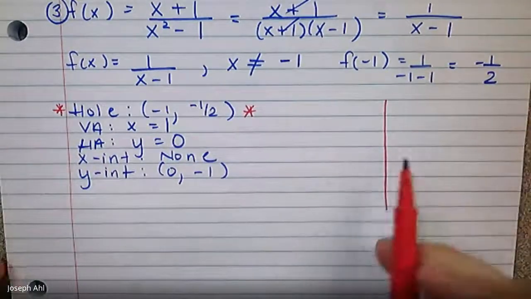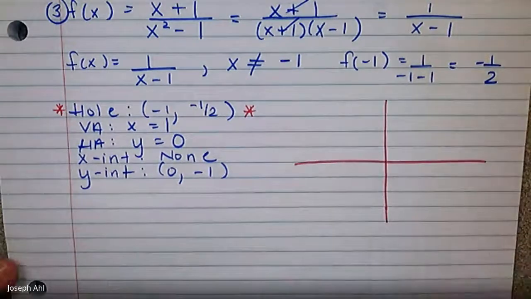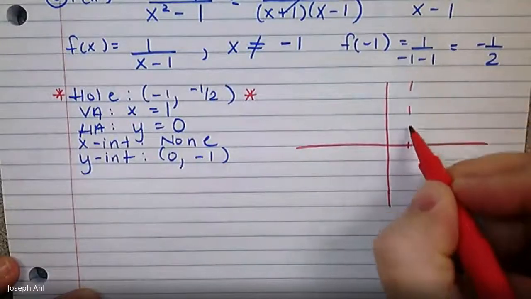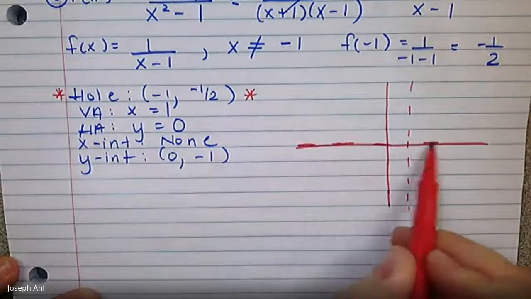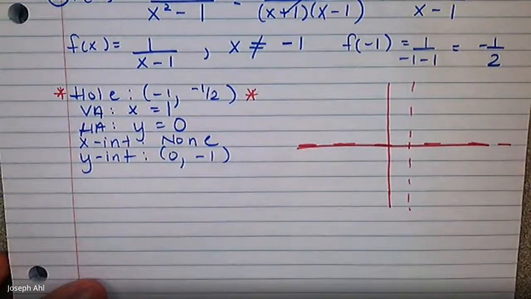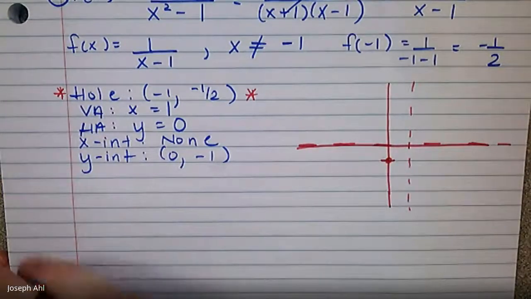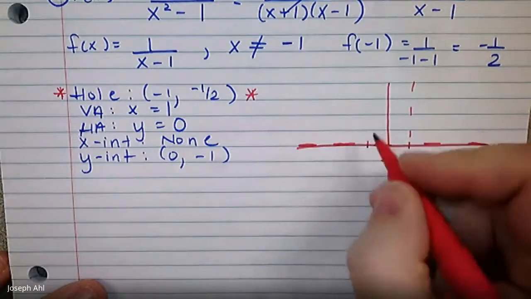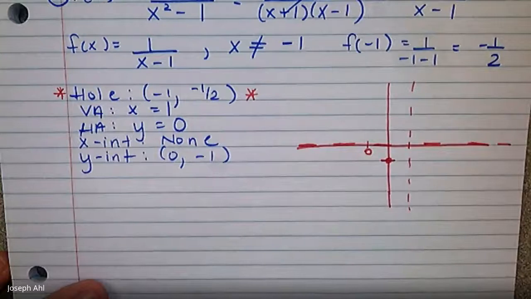All right, so let's see. If I look at the critical info we've identified, we've got x equals 1 as a vertical asymptote. We know that y equals 0, the x-axis, is a horizontal asymptote. No x-intercept, y-intercept at -1. And we should be careful that at -1, -0.5, which is right about there, that's where you're going to see a hole in the graph.